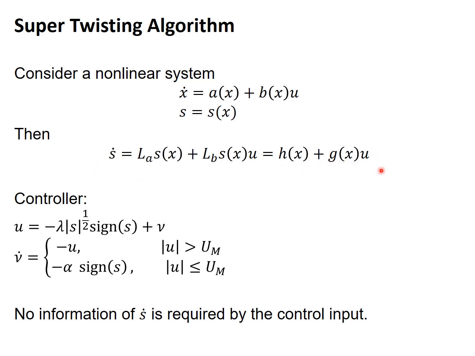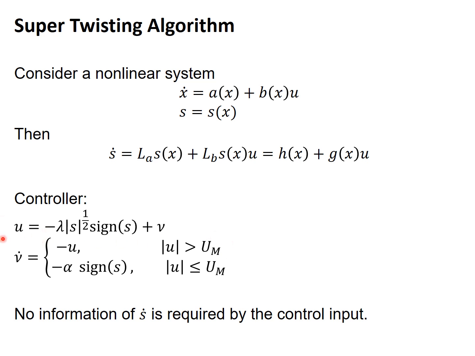This is what we will arrive at, and then we will design our u in this manner. We will simply put u equals minus lambda |s| to the power of half sin s plus nu, where nu dot is minus alpha sin s when u is within a bound of capital U_M, and it is simply minus u when u is outside the bound of capital U_M.